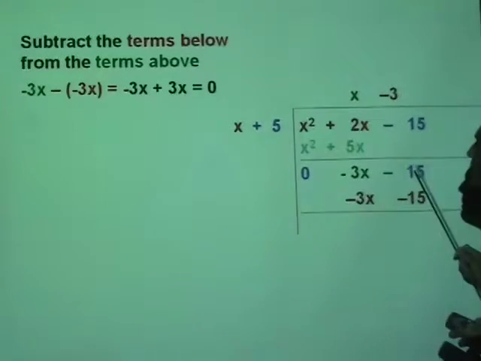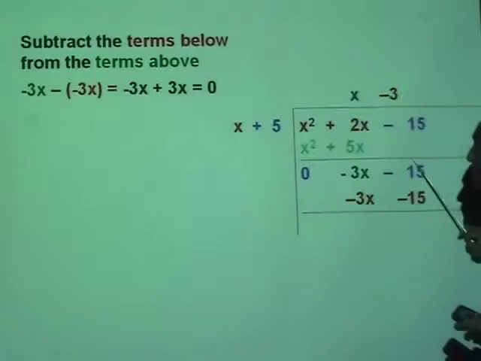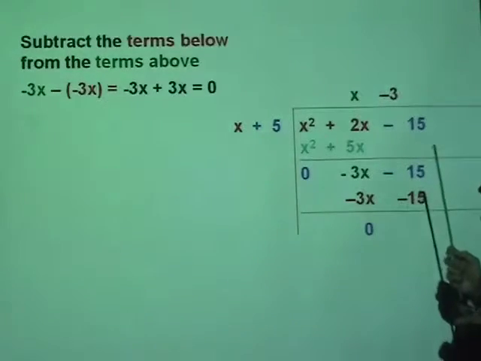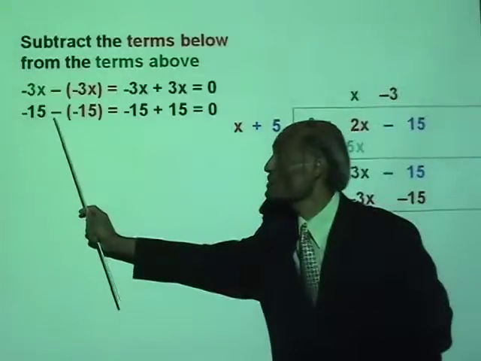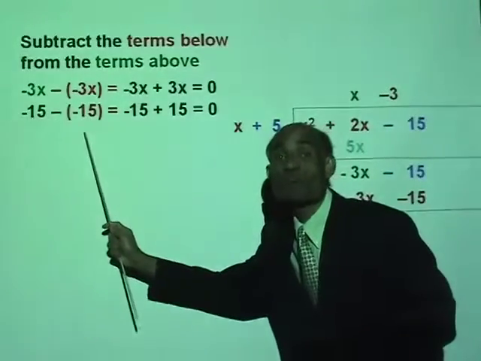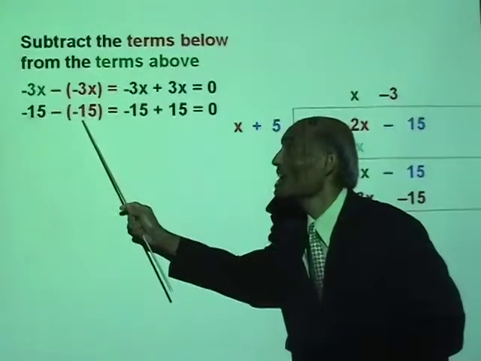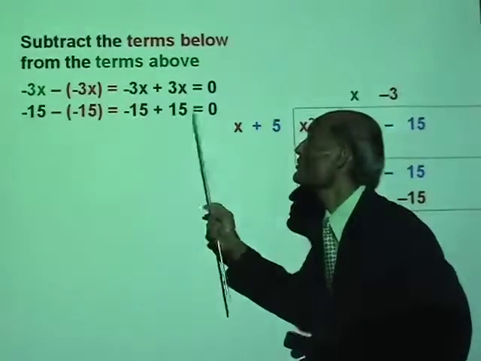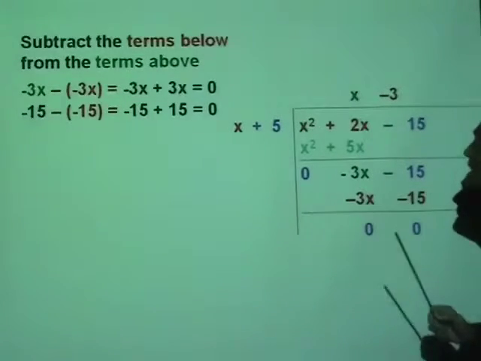So, what do you get if you subtract negative 15 from negative 15? Negative 15 minus negative 15 is 0. So that means the remainder is 0.